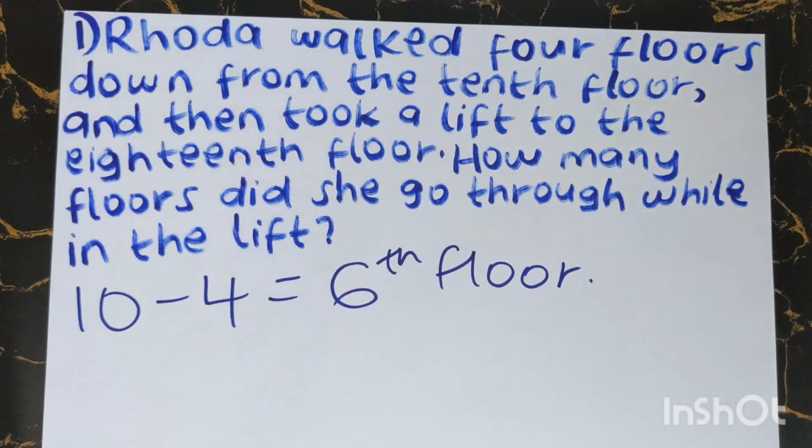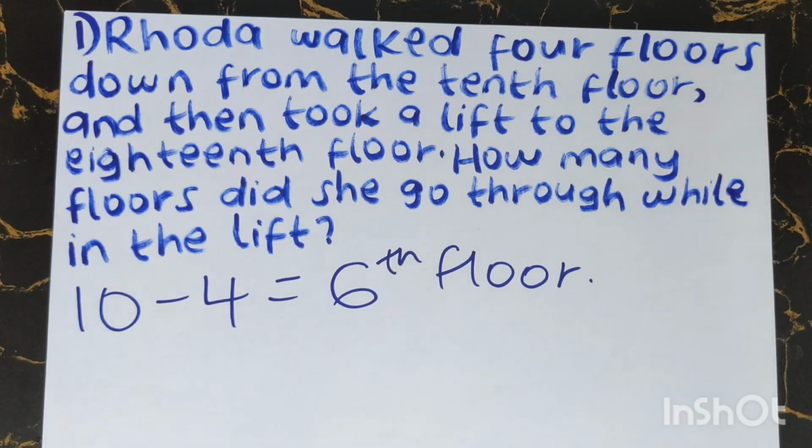Let's continue reading the question. And then took a lift to the 18th floor. So here we are basically being told that Rhoda took a lift from the 6th floor, which is the floor she got to by foot, all the way to the 18th floor, okay? So what's the question asking us to do? How many floors did she go through while in the lift?